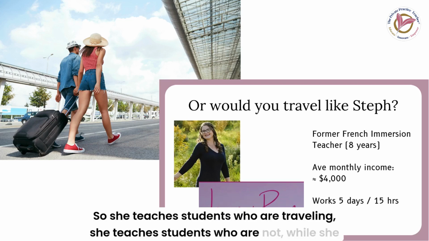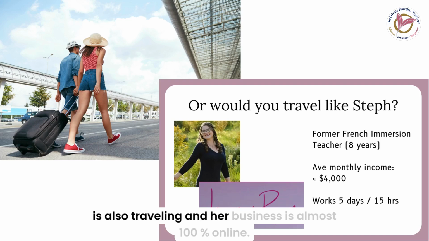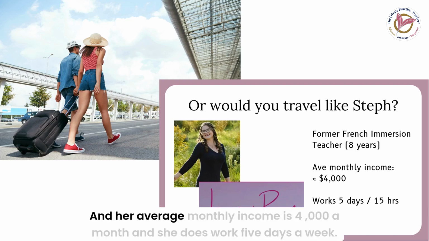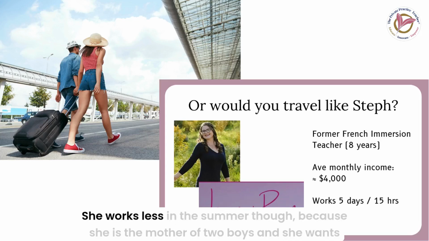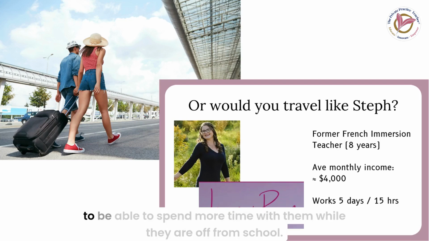She teaches students who are not, while she is also traveling, and her business is almost 100% online. Her average monthly income is $4,000 a month, and she does work 5 days a week. She works less in the summer, though, because she is the mother of 2 boys, and she wants to be able to spend more time with them while they are off from school.